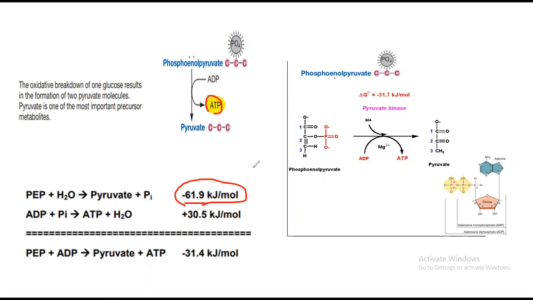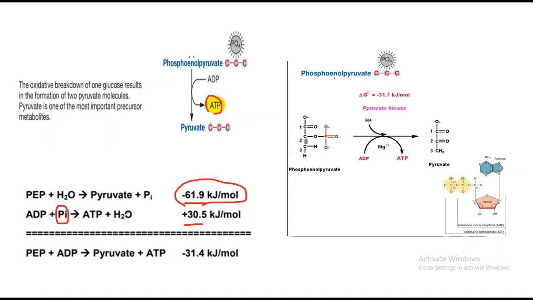After that, this energy will be used to add this phosphate to the ADP. Half of the energy, the 30.5 kilojoules per mole, will be used to make ATP from ADP, and because of it, this phosphate is added to the ADP.